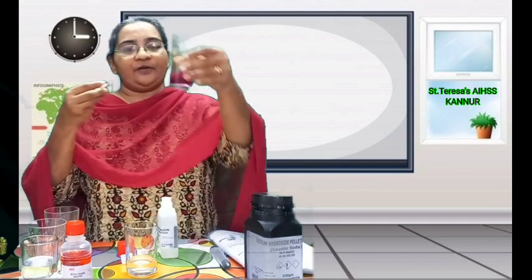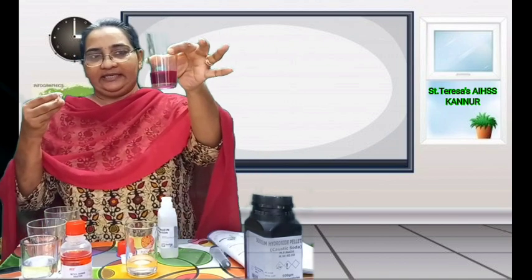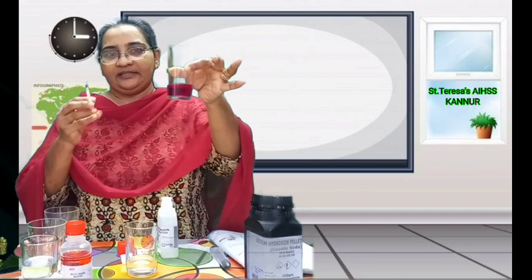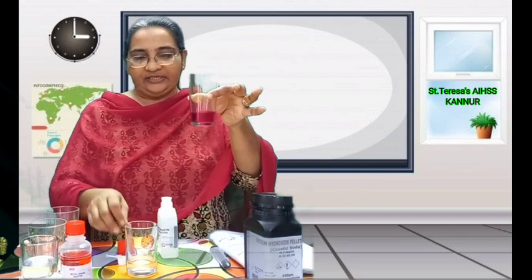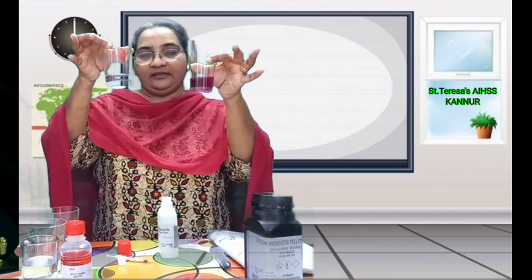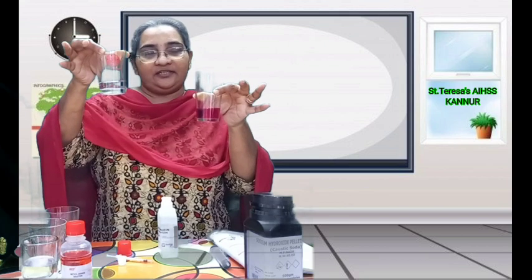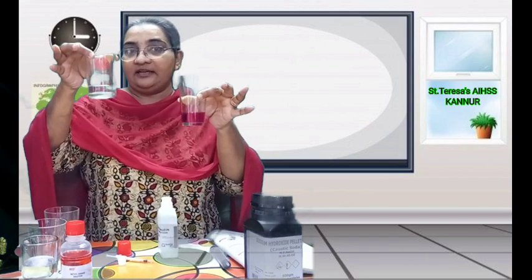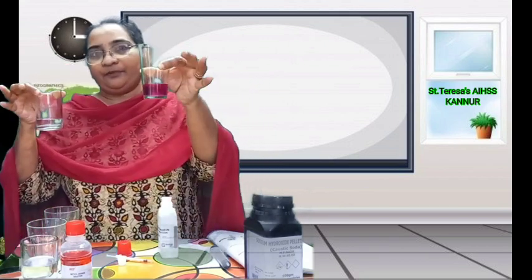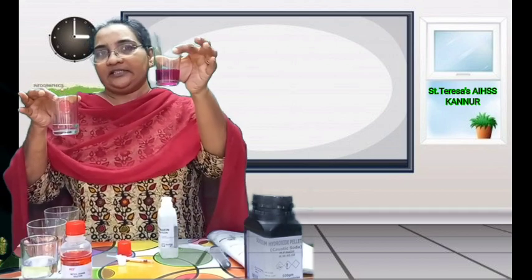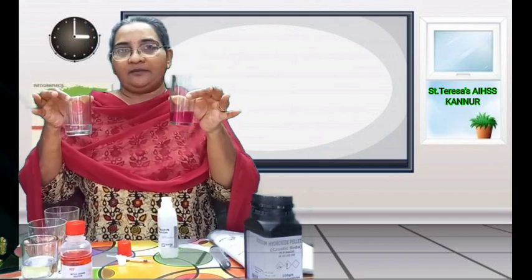We cannot see any change happening there. And I put 2 drops of phenolphthalein in alkali. I put 2 drops in an alkali and 2 drops in an acid. So here when we put phenolphthalein, it did not change. The color did not change. But when I put phenolphthalein here, the color changed into purple or dark pink color.